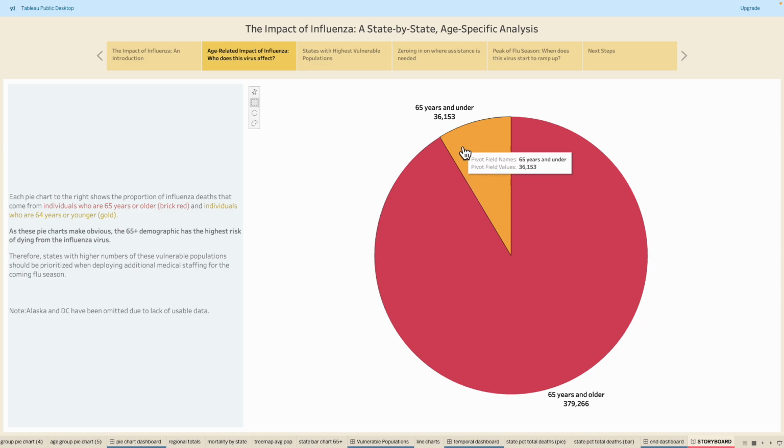And then here we're looking at individuals that are under 65. As we can see, it's fairly obvious, but individuals that are older account for a much higher proportion of influenza deaths than individuals that are under 65. For that reason, states with higher numbers of these populations should be prioritized when we're deploying our staffing.